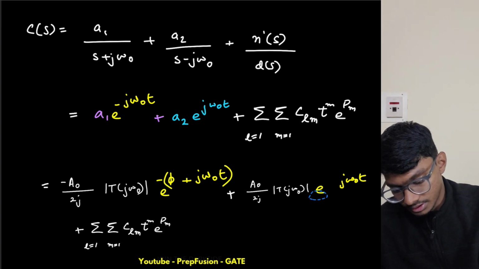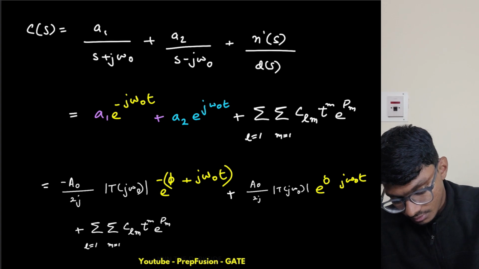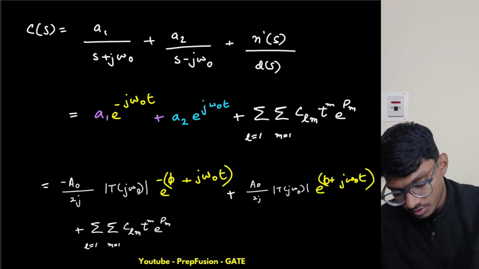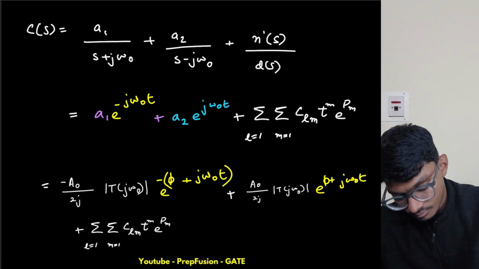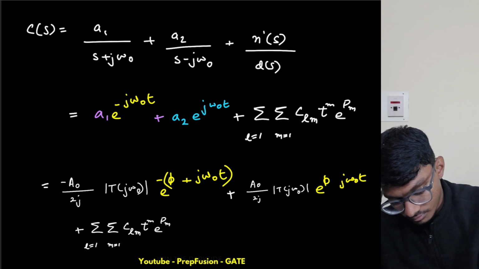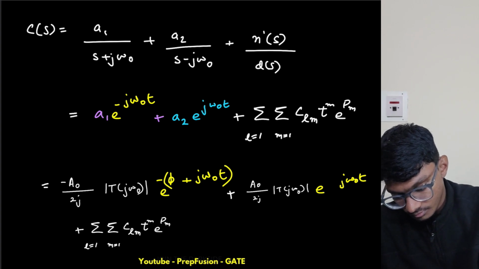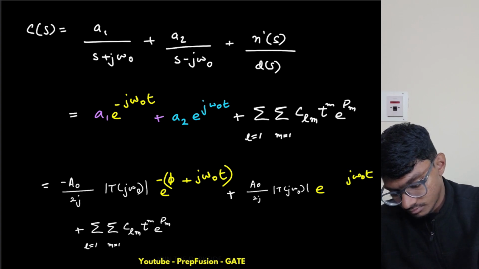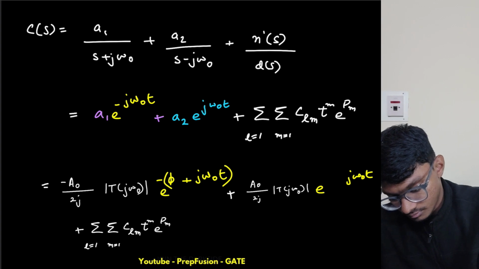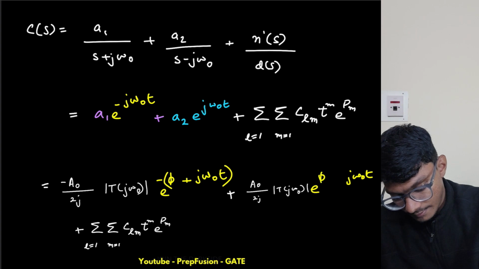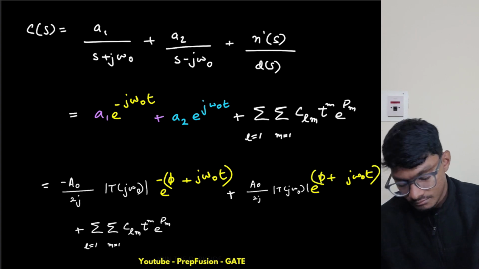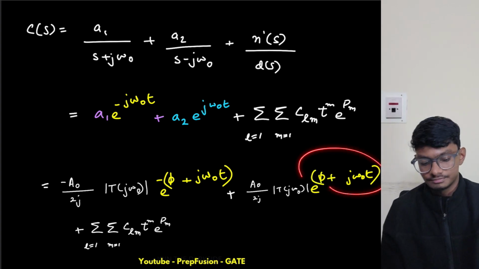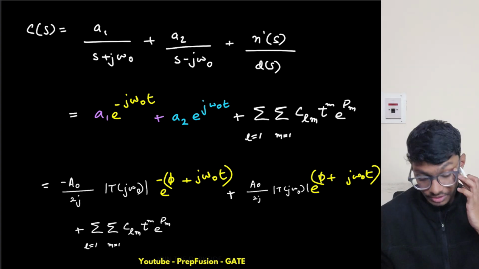So here again this will become 5 plus j omega naught t, okay? So this is 5 plus j omega naught t.